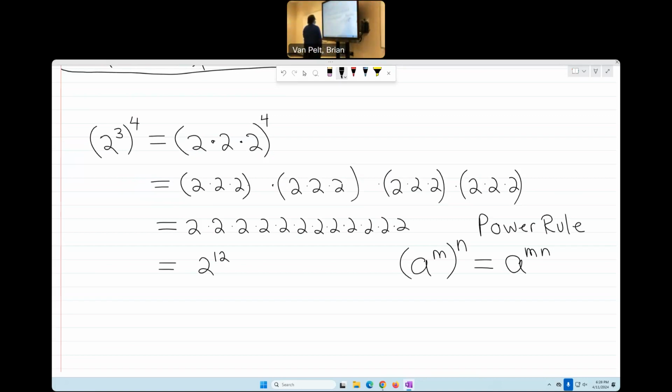And so I can do something like x to the 9th to the 10th. Can you tell me what that would equal? X to what? 90. Take the product. X to the 9 times 10. X to the 90.